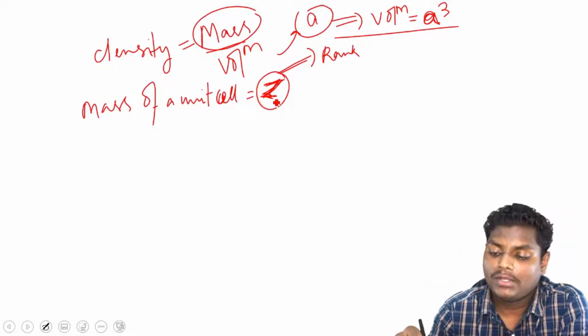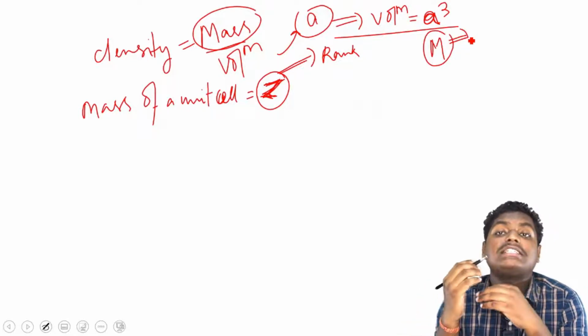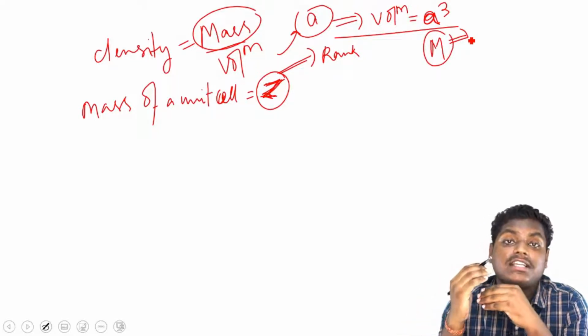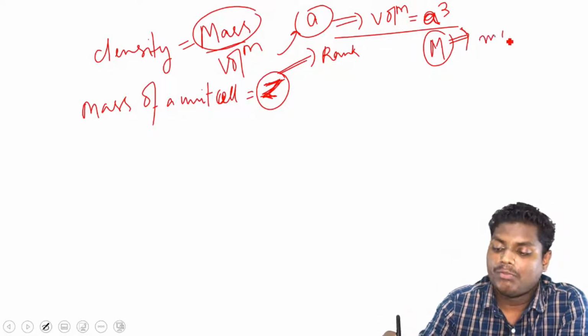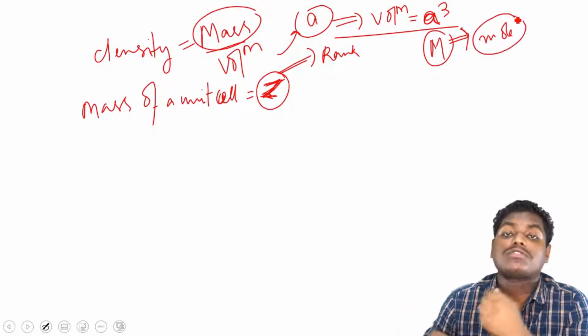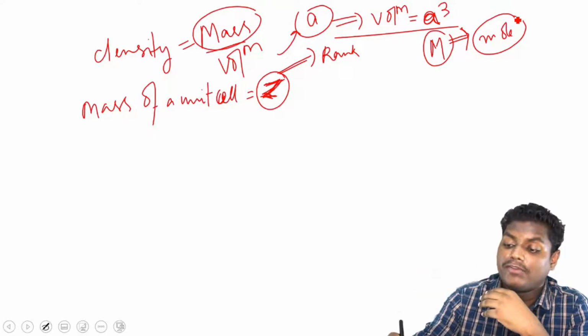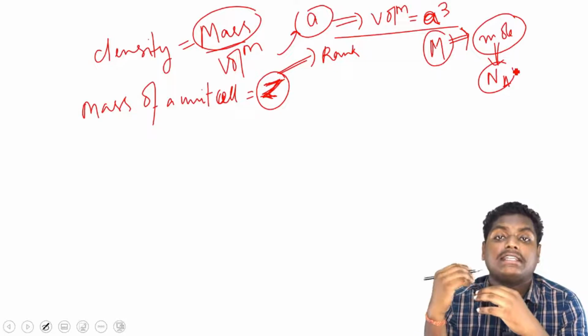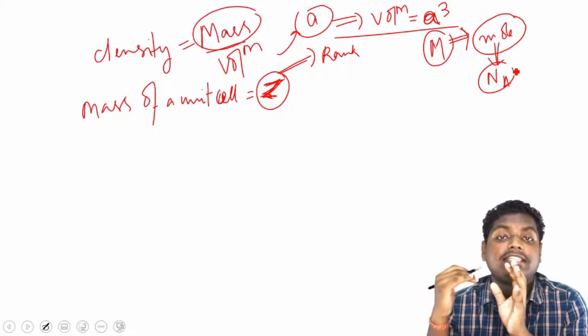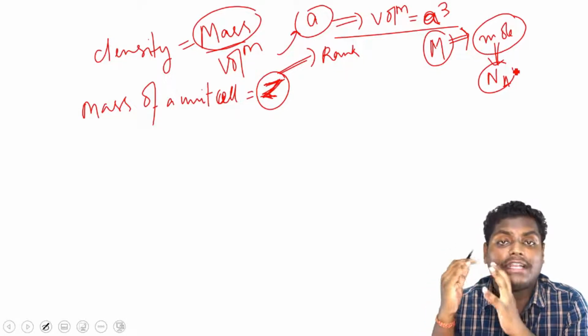Now, how do we do that? So we know molecular mass. What does this molecular mass tell us? It tells us about the mass of 1 mole of that substance. And we know that this mass contains Avogadro number of atoms. 1 mole of any substance contains Avogadro number of atoms, elements, or anything.